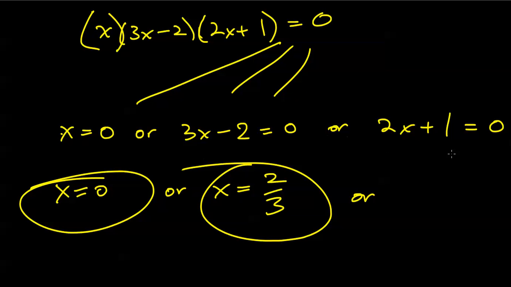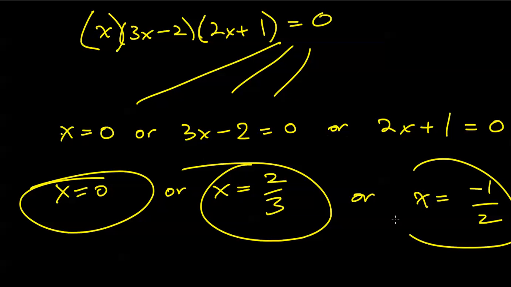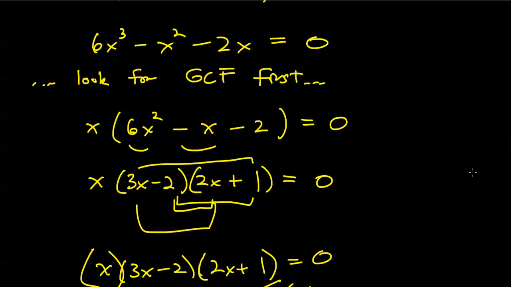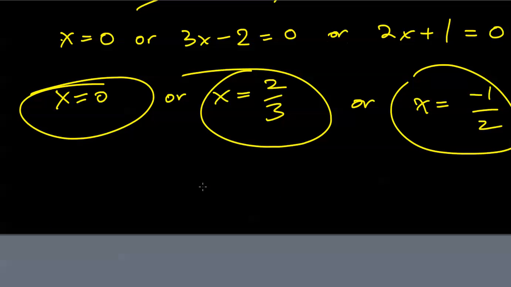Or on this third branch, I'll subtract 1 from both sides and then divide by 2, and I get a solution x equals minus 1/2. Alright, so here, notice I started out with a degree 3 equation and ended up with 3 solutions for x, and that can happen.